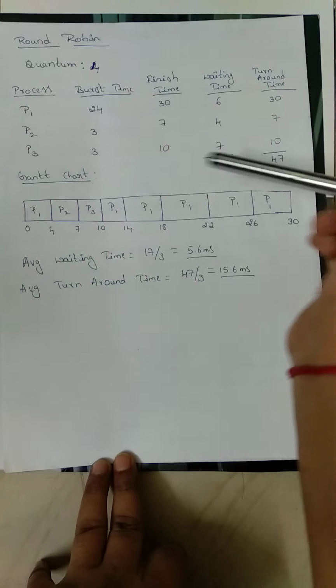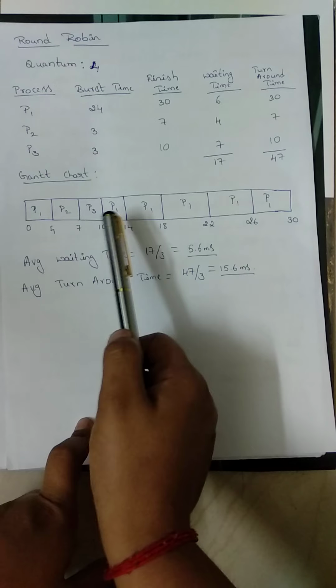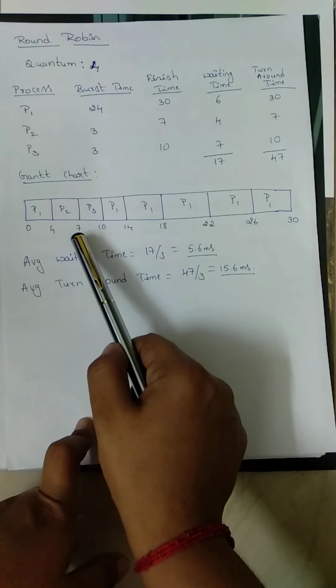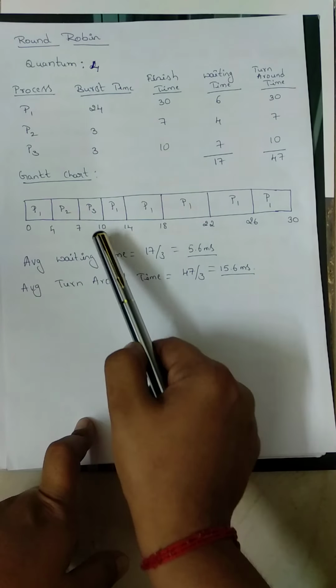Now looking at this Gantt chart, we can find the finish time of P1, which is 30. For P2 it is 7 and for P3 it is 10. With this, calculate the waiting time. The waiting time formula I explained in the previous video: waiting time is equal to finish time minus arrival time minus burst time.